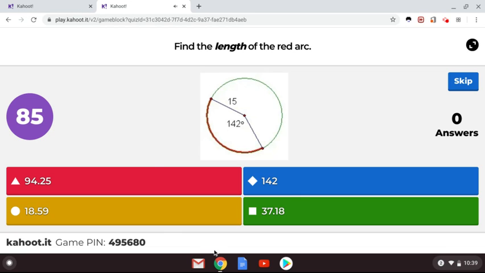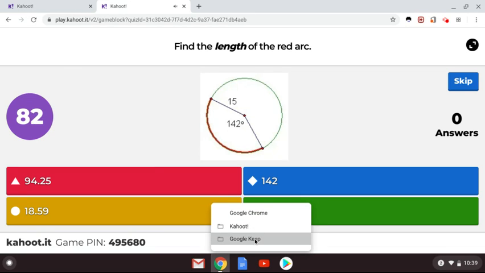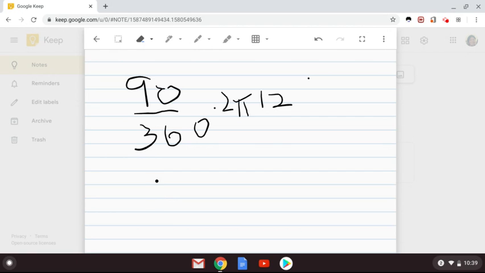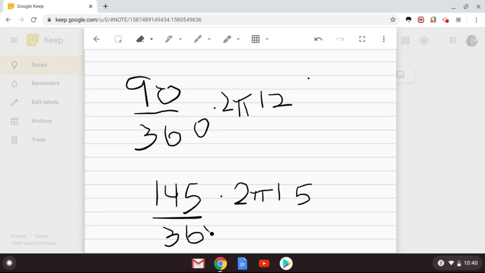Let's see, where is my 145? 145 over 360. And then this is 30 times 3.14.